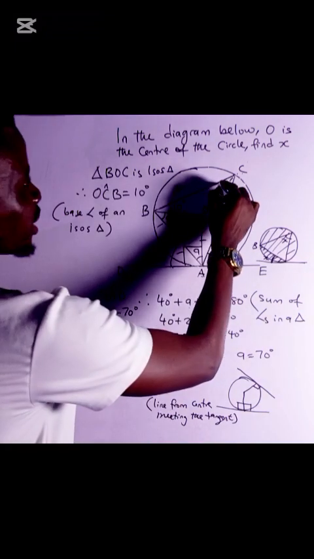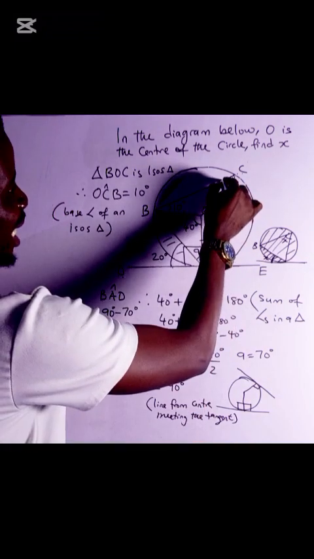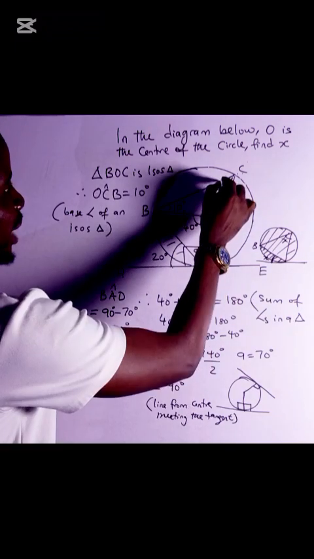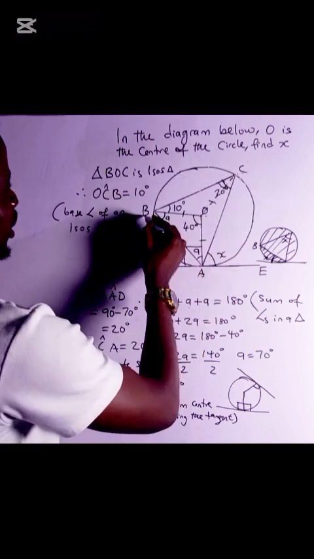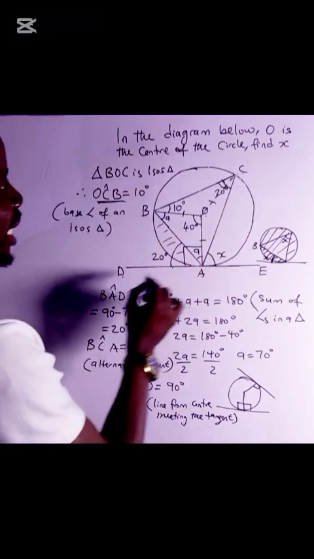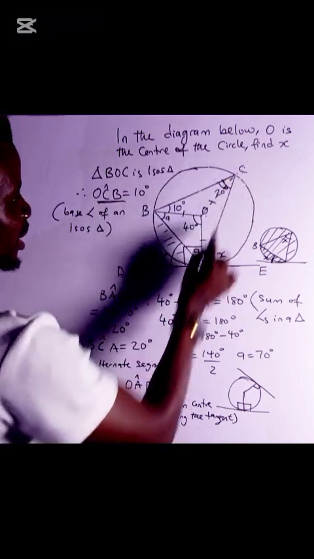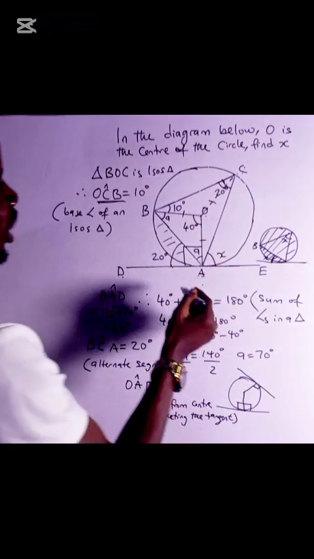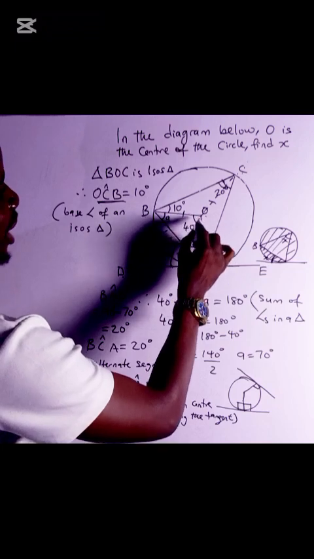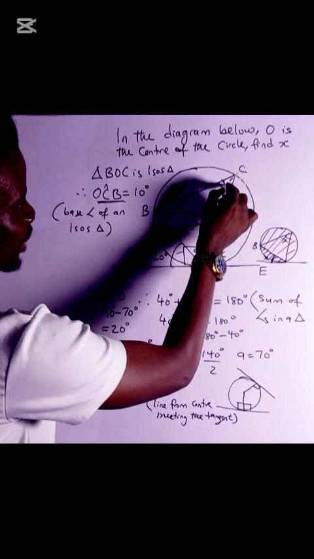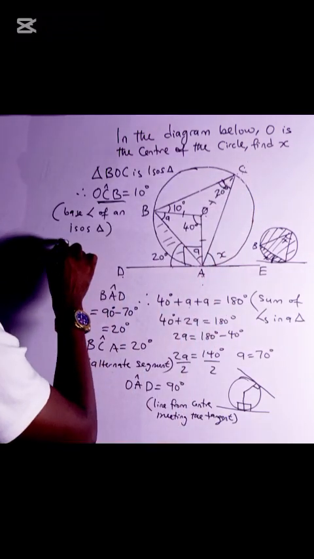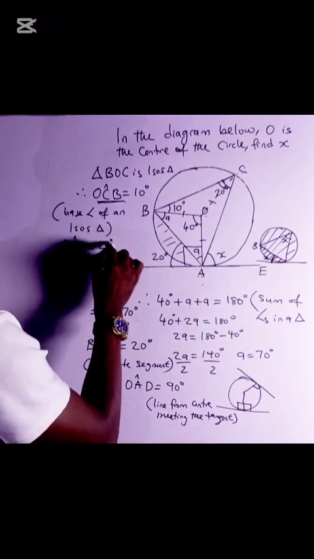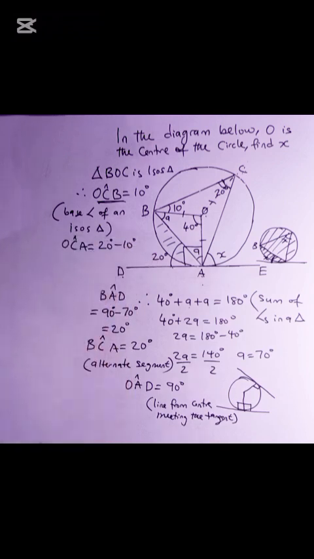So now here is 10, but the entire angle here is 20 as calculated. If angle OCB is 10, but angle BCA, the alternate segment angle, is 20, so what does it mean? The remaining angle OCA will be 20 degrees minus 10 degrees.